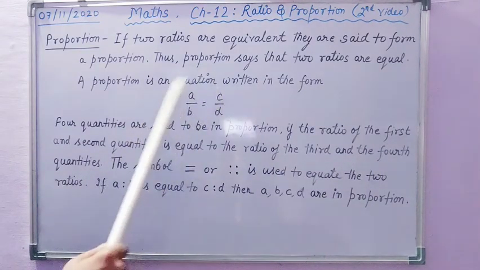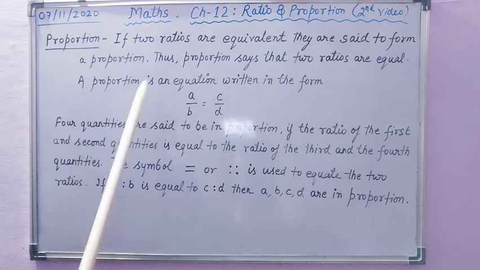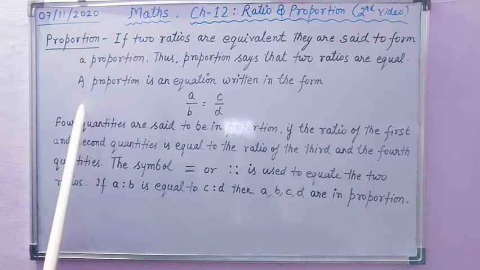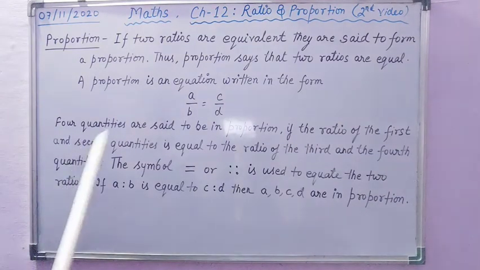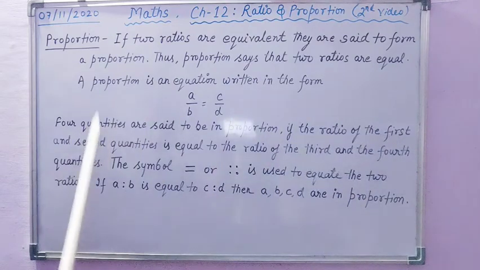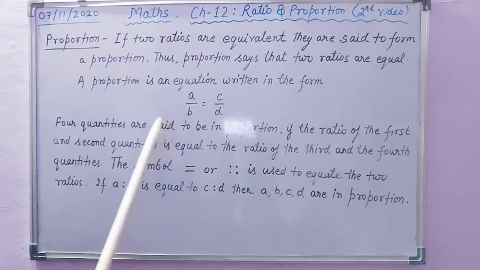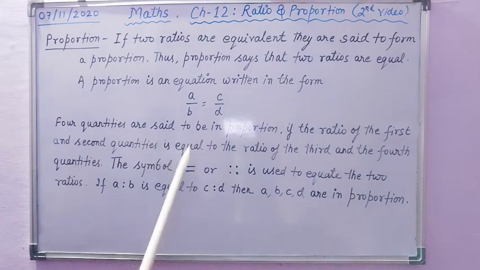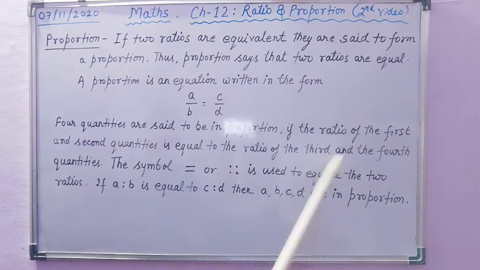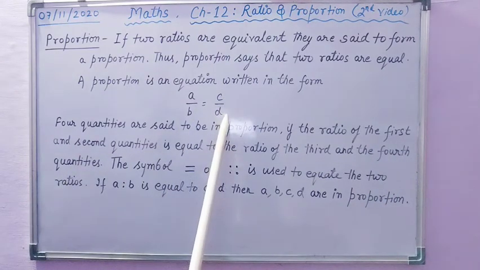If I say from here, four quantities A, B, C and D are said to be in proportion if the ratio of the first and second, A and B, is equal to the ratio of the third and the fourth quantity. C is the third and D is the fourth quantity.